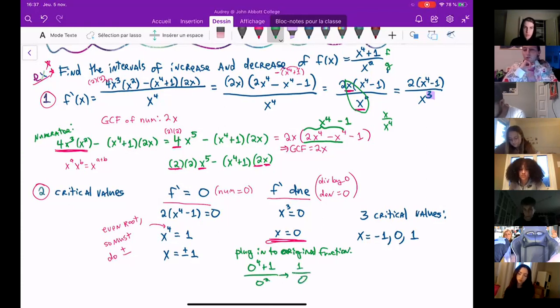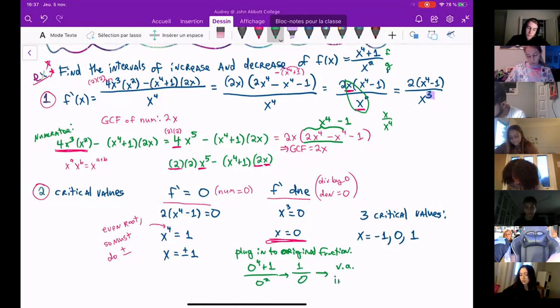What does a constant over 0 mean I have? Infinite discontinuity. Yeah. You got it, Kiana. An infinite discontinuity, also known as a vertical asymptote.